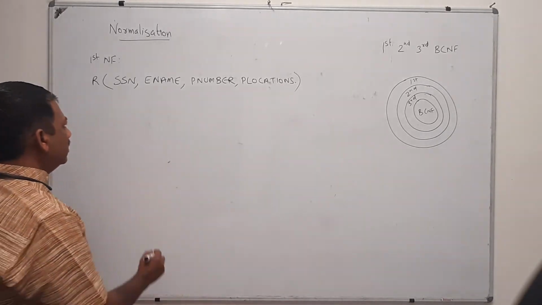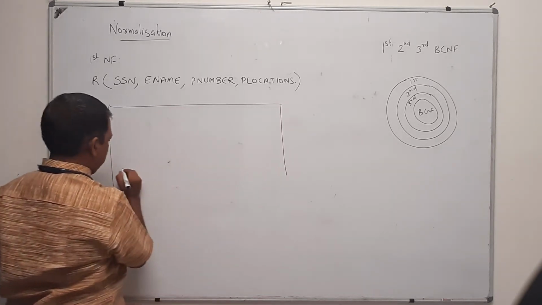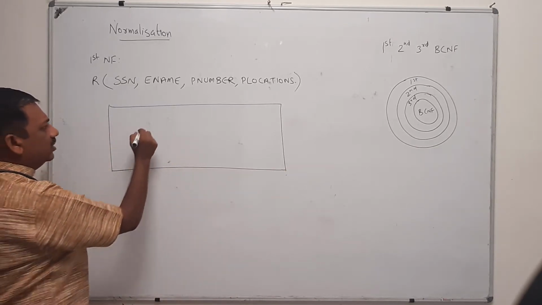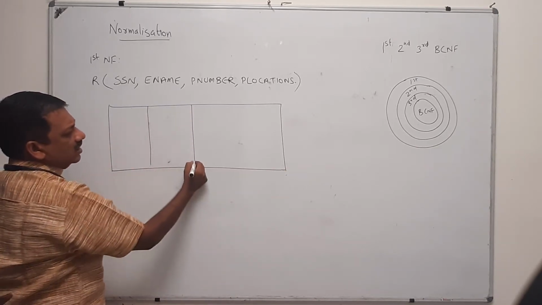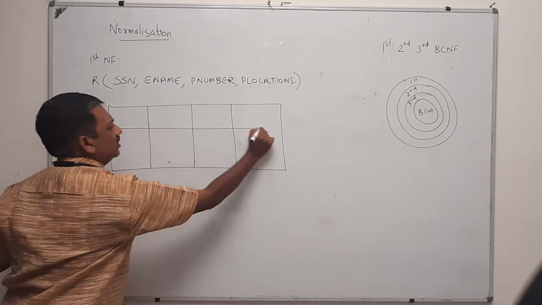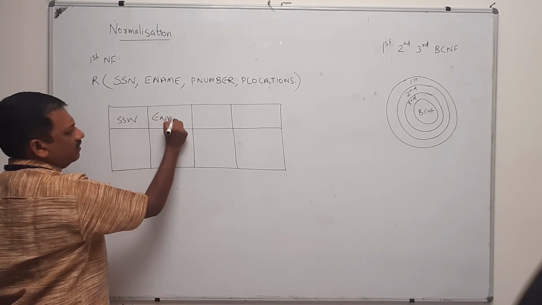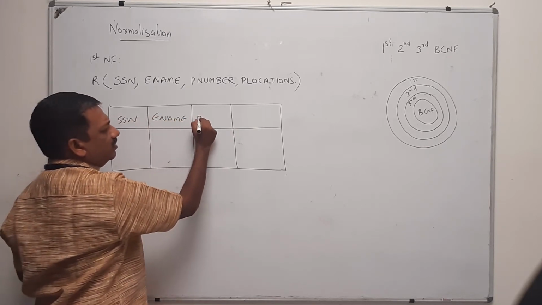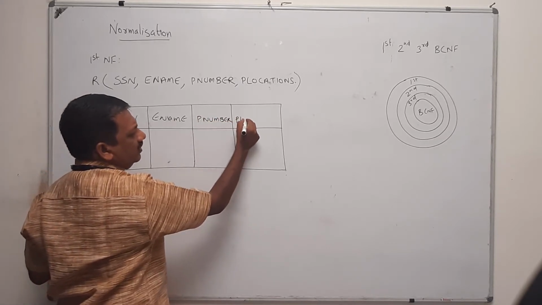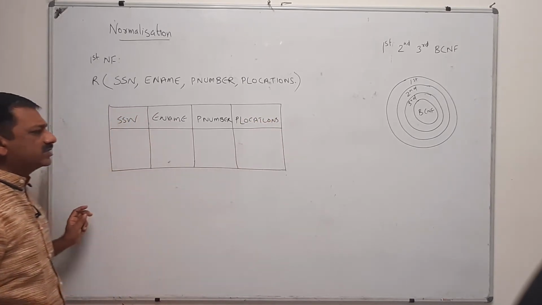Suppose that I am going to have a table like this, with these four attributes: SSN, E name, P number, and P locations.